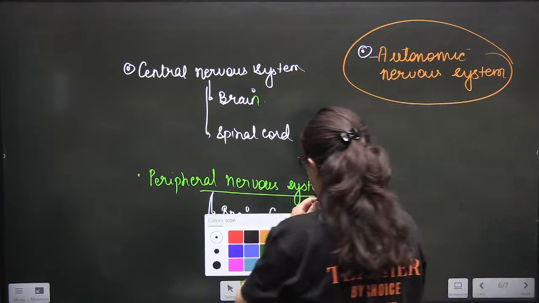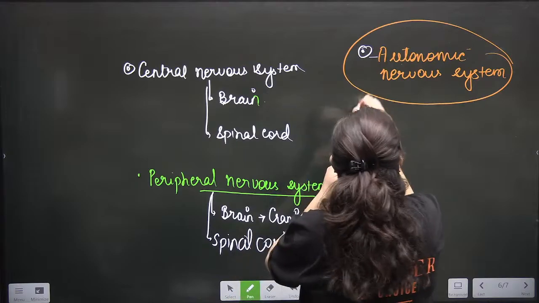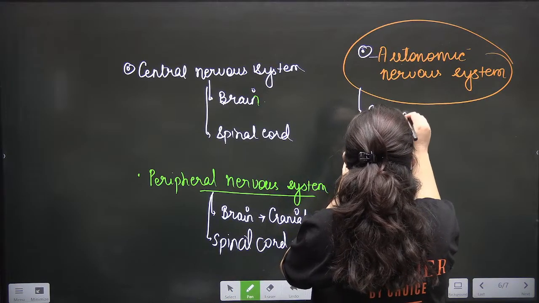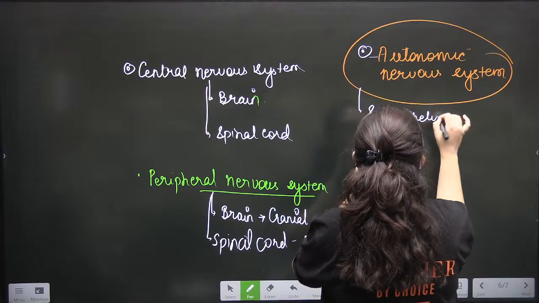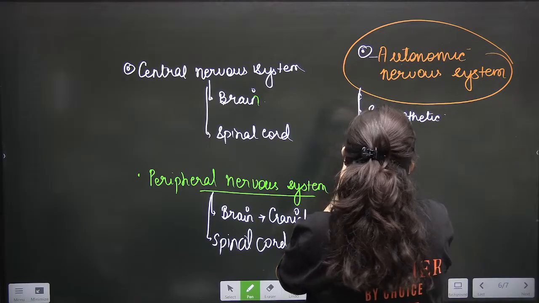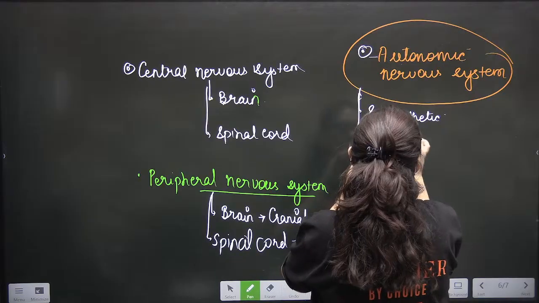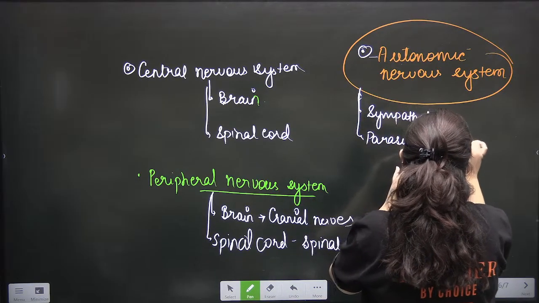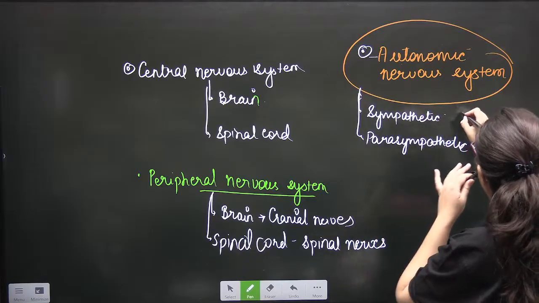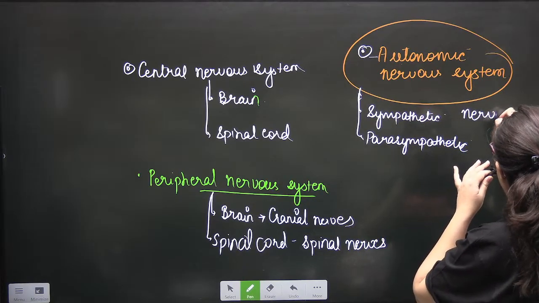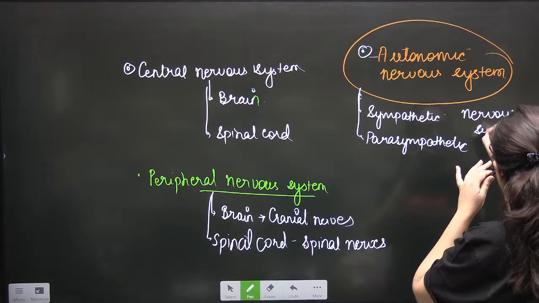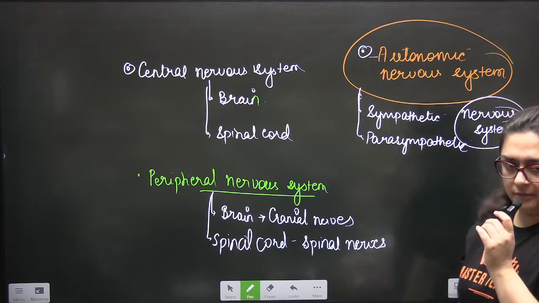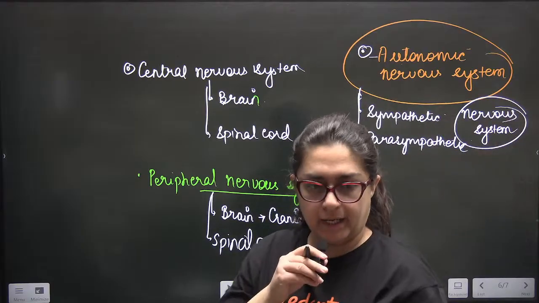Autonomic nervous system is the sympathetic and parasympathetic nervous system. Done? Clear?